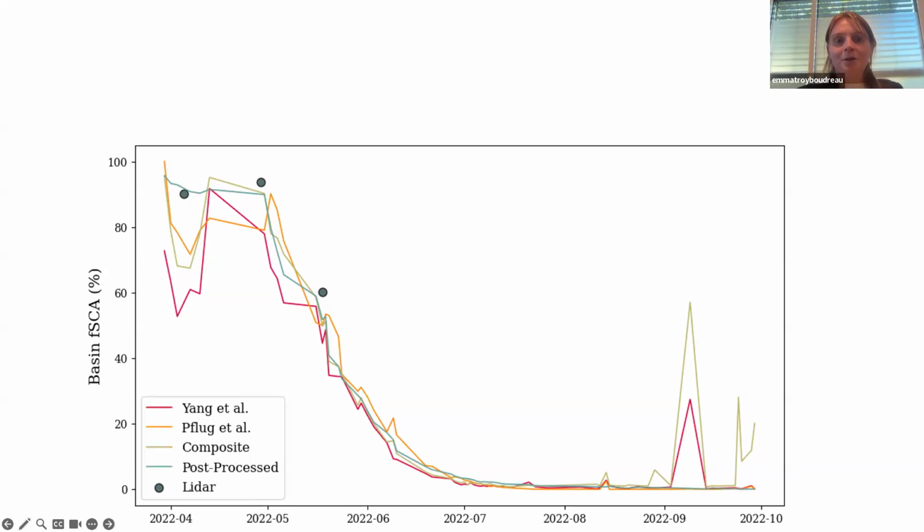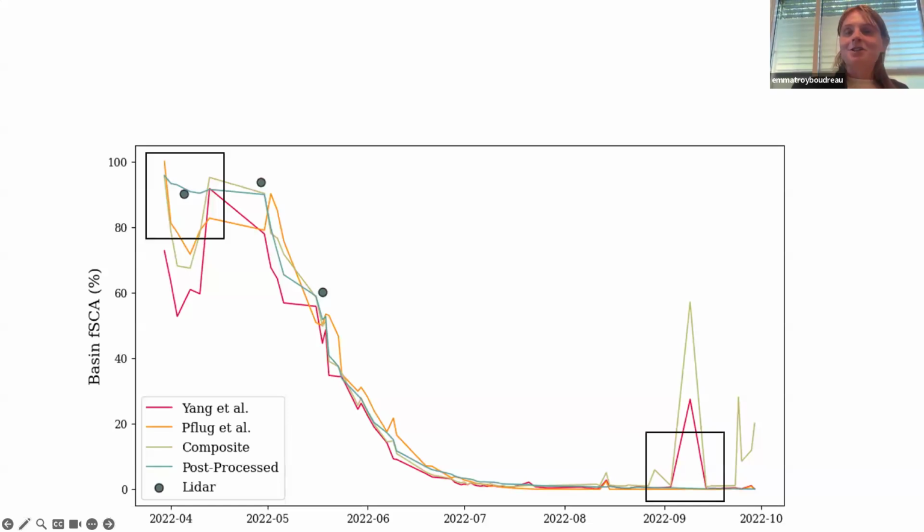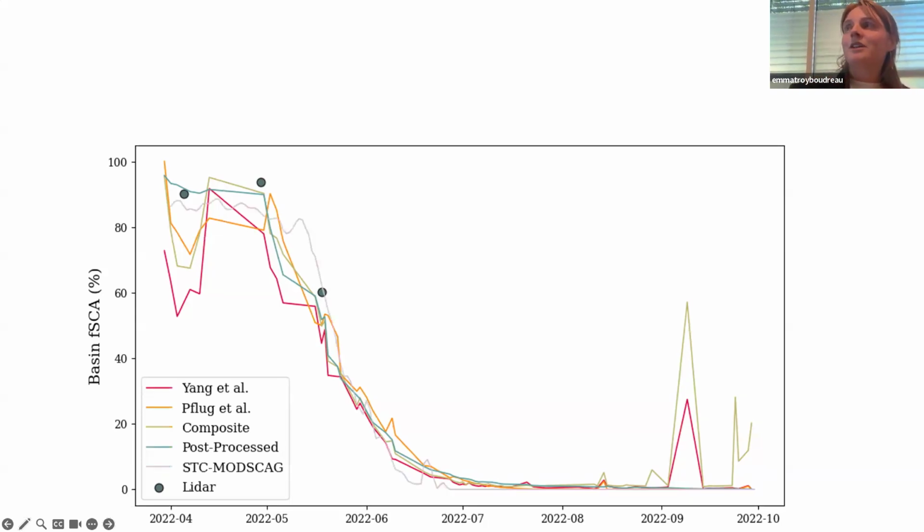And then here we have the post-processed time series. And this just shows the importance of temporally smoothing your data, and no longer do we have these random spikes and dips in snow cover. And it matches the LiDAR pretty well on the dates that LiDAR is available.